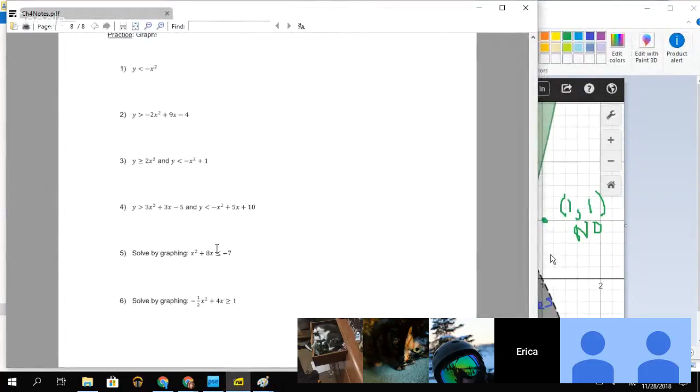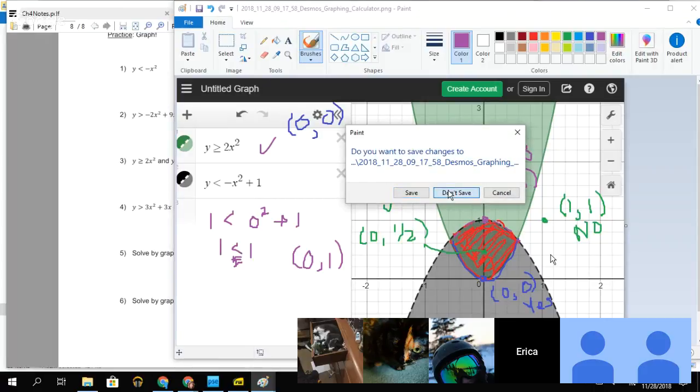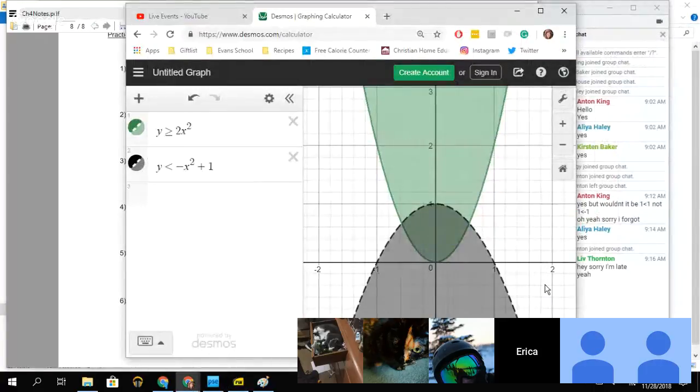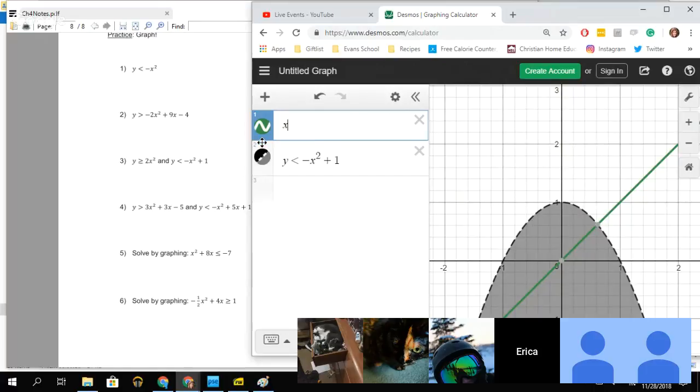Last two, 5 and 6, solve by graphing. So this is why I started off with a call with, you know, how do we solve quadratic equations? Well, how do we solve quadratic inequalities? Okay, so what you're going to have to do, let's just see. Desmos actually might be okay with this.